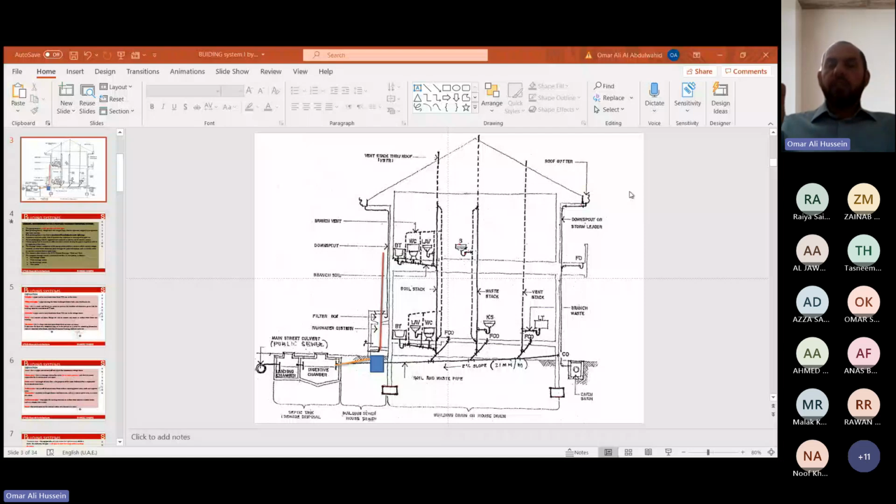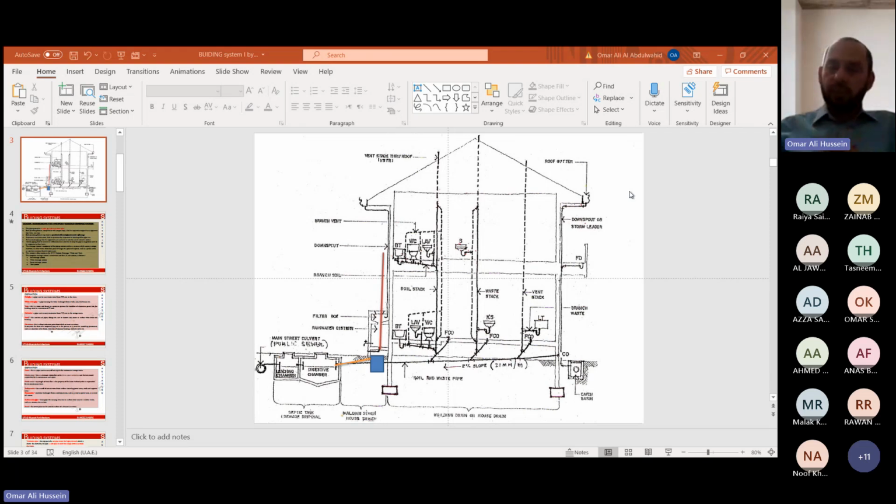Maybe you have seen this, especially at the point where the parapet meets the slab. If you concentrate on the buildings when you are moving around the city, just look and search for that. You will see the point where the parapet meets the slab. There will be a green color because this is a water leakage.